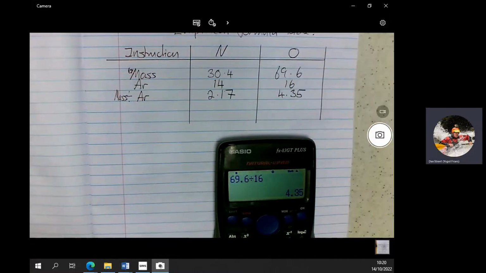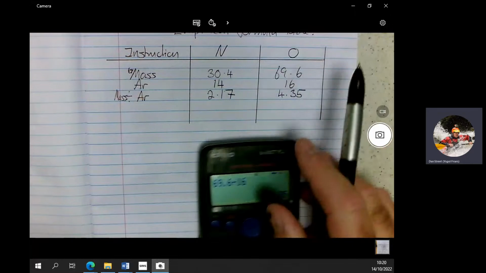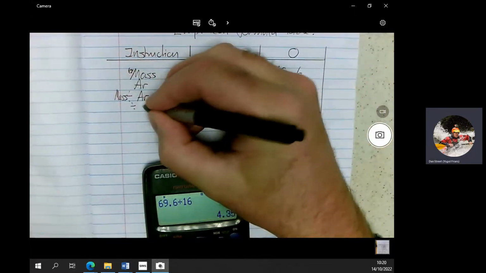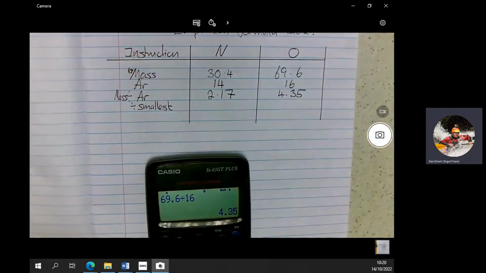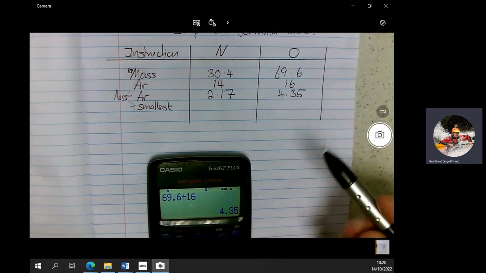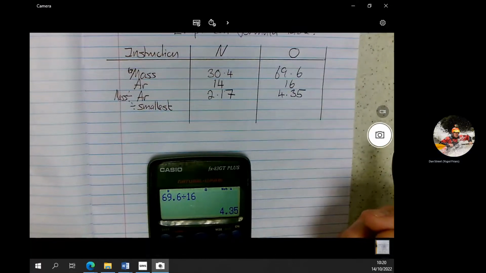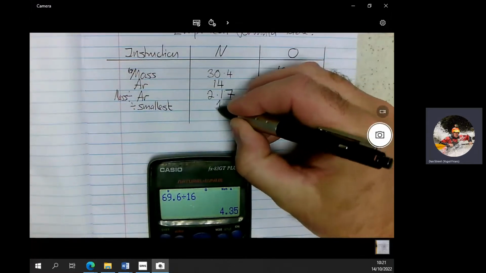And then hopefully the final stage is we simply divide by the smallest of these two numbers. Okay, so we divide by the smallest. In this particular case, obviously 2.17 is the smallest. So what's 2.17 divided by 2.17? 1.